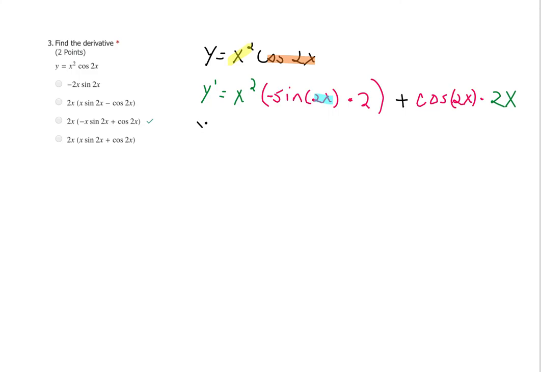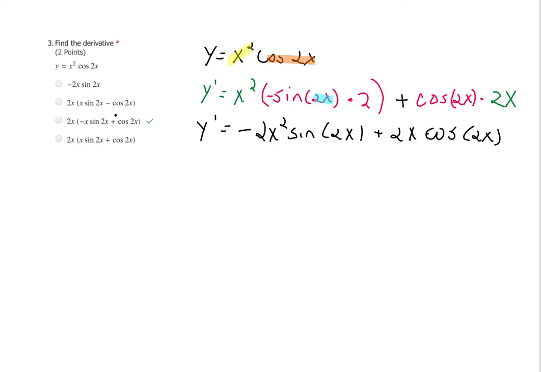So I'm just going to do some simplifying here. We got a negative times 2, so it's a negative 2x squared sine of 2x plus a 2x cosine of 2x. Now this would be a legit answer, but I notice it doesn't match up with any of my choices.